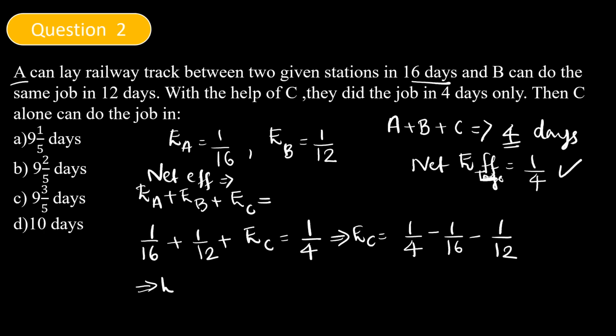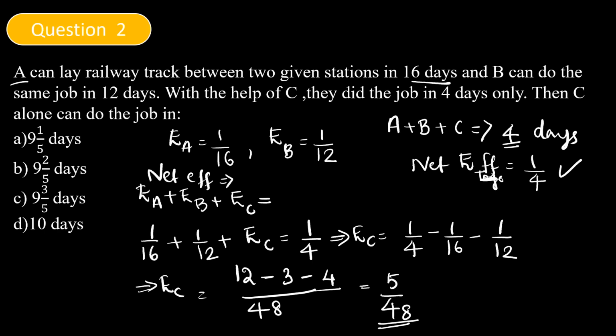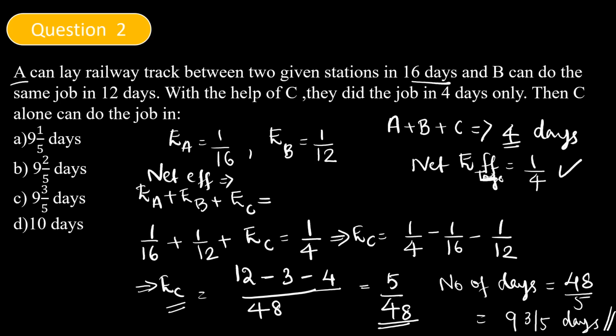That is EC equal to, with common denominator 48, 12 minus 3 minus 4, which is equal to 5 by 48. This is the efficiency of C. Now the number of days taken by C is the reciprocal of the efficiency of C, which is 48 by 5, or that is equal to 9 3 by 5 days. Option C.